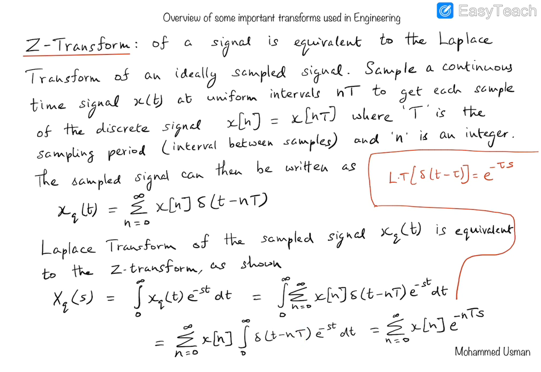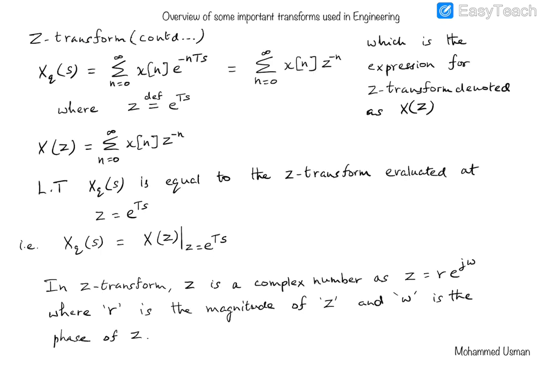So we have the Laplace transform of the sampled signal xq of t obtained in this form, and then e power Ts is defined to be equal to z, and the summation converts to the Z-transform.